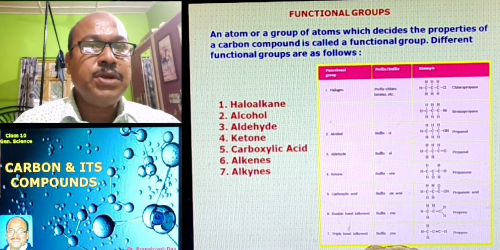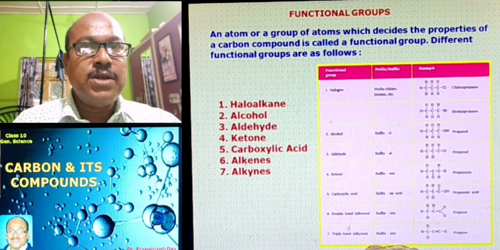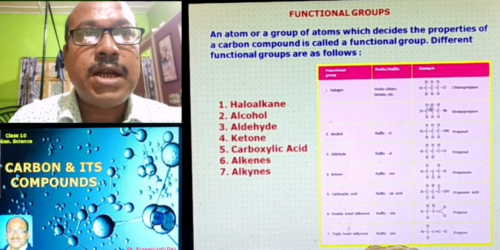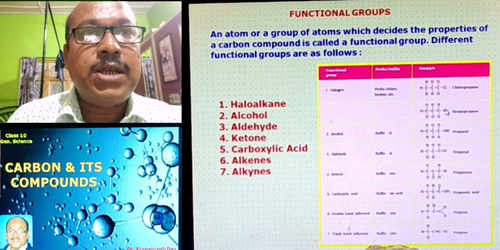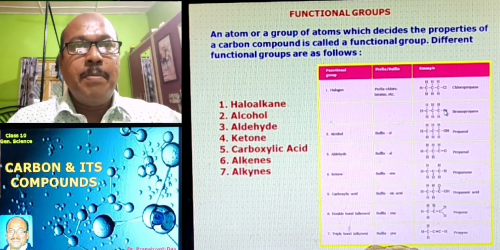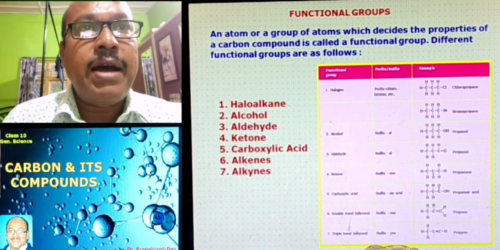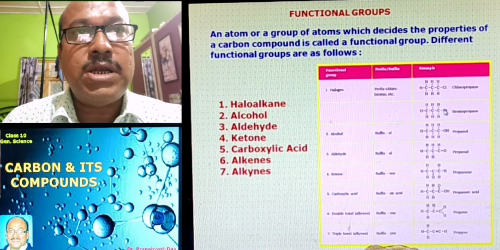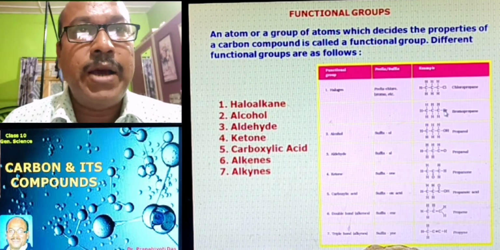For example, ethane, which is a gas, C2H6. You can carefully observe this structure, ethane. Suppose this one is hydrogen, and now this hydrogen is substituted by an OH group.